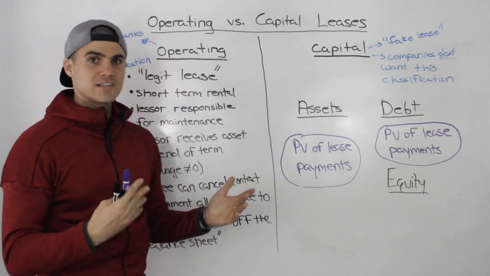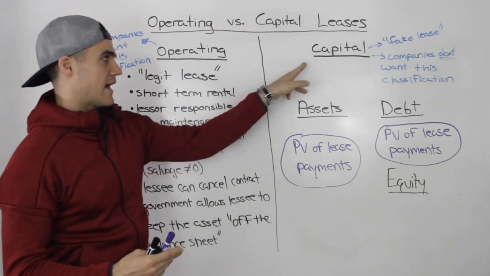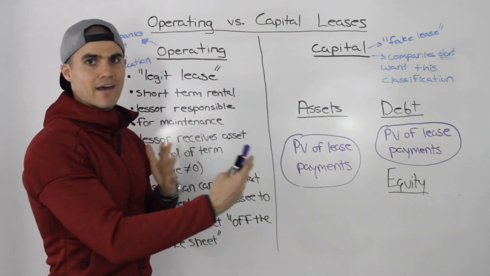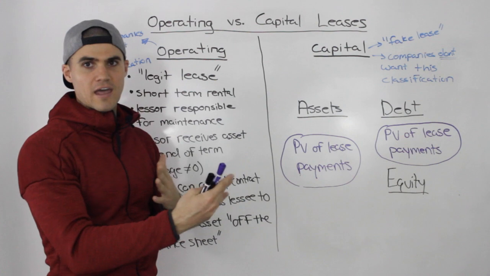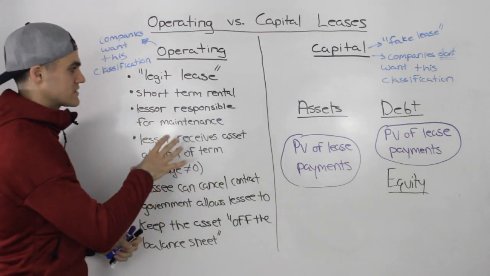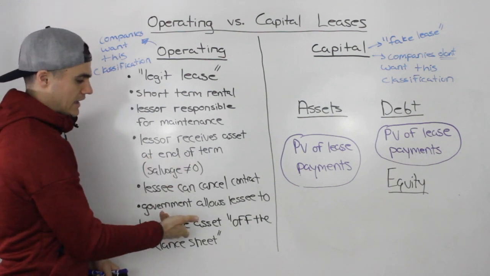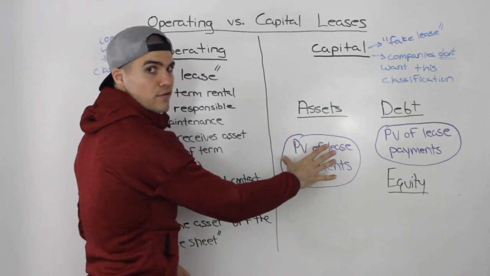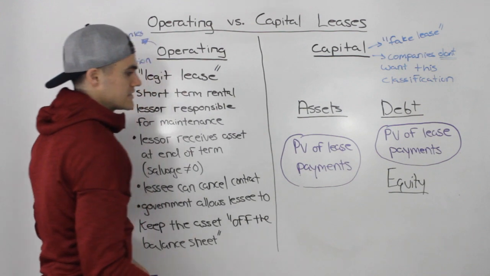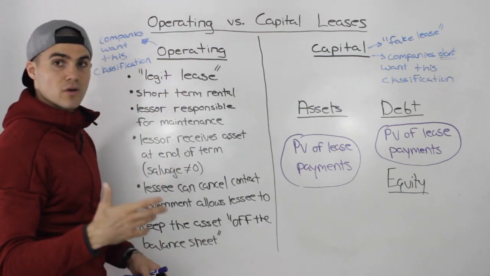So the way I like to look at operating and capital leases is like a battle between a company and the government. Companies want to have the operating classification of their leases because, again, it allows them to keep the asset off the balance sheet and the corresponding debt. And the government says, well, that's fine.